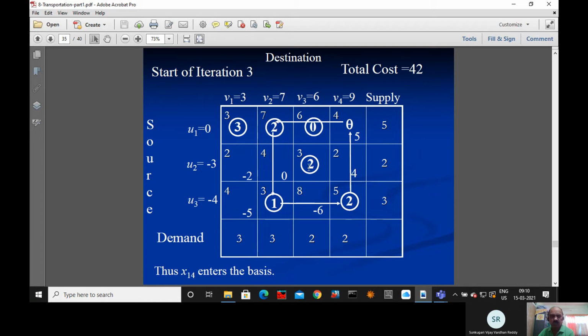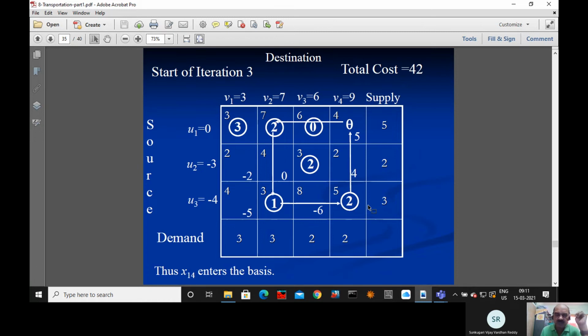Then in the second row there is 2. Then in the third row 1 and 2, altogether 6. With respect to these 6, we have to find the dual variables. The dual variables are u1, u2, u3, v1, v2, v3, v4. After calculating the dual variables, we check ui plus vj minus cij.